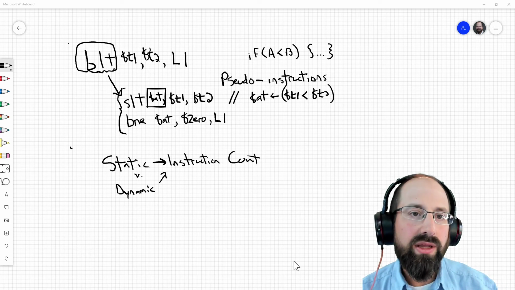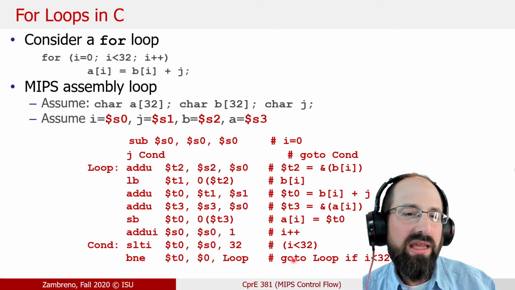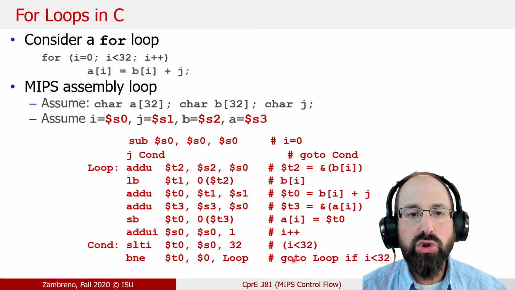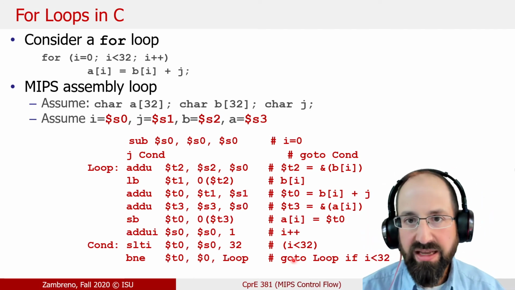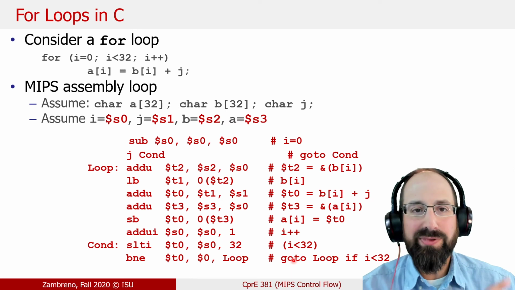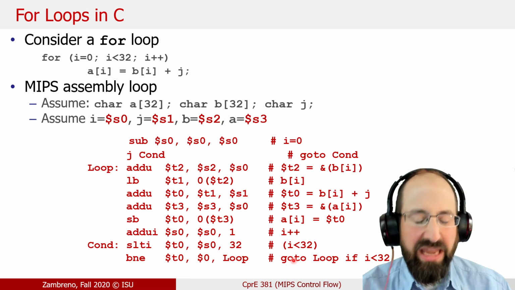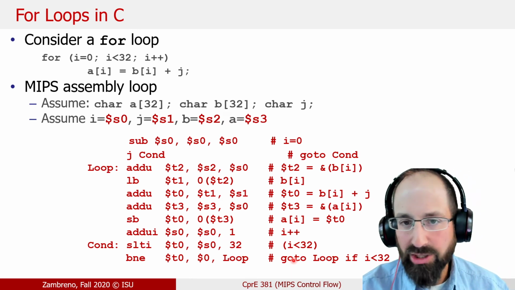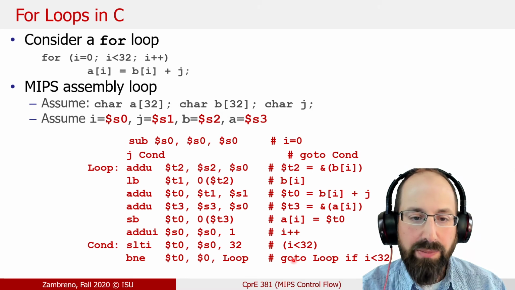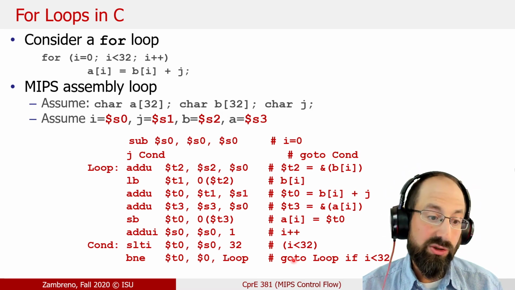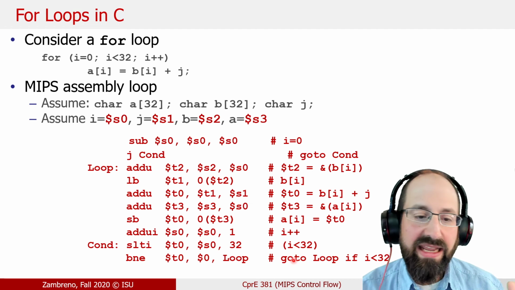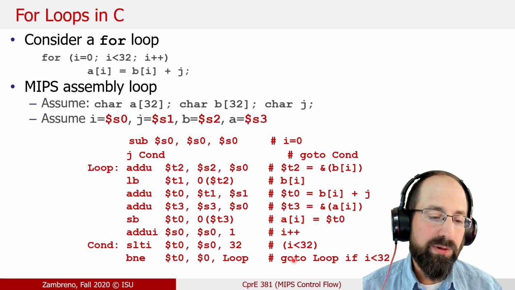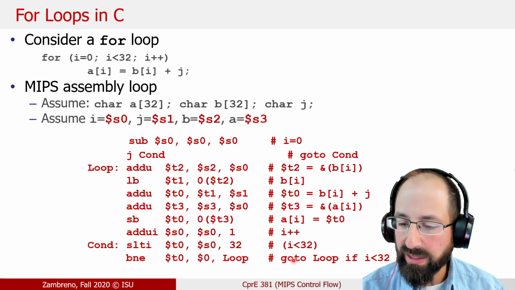Static instruction count would be how many instructions do I need to store in my instruction memory for this? On disk, how much storage does this application require? There's implications for performance there beyond just number of bytes of storage that I need, but certainly it's a storage metric as well.